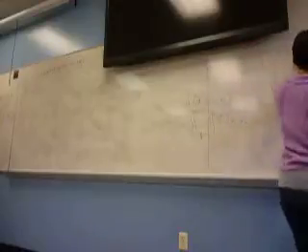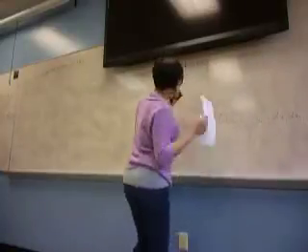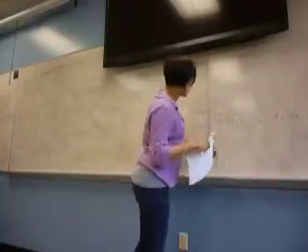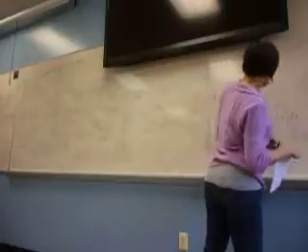But that doesn't happen for every distribution. There are a few distributions which we call self-reproducing, and that means if you add two independent random variables of the same distribution, you get the same distribution. We'll do some examples of that.